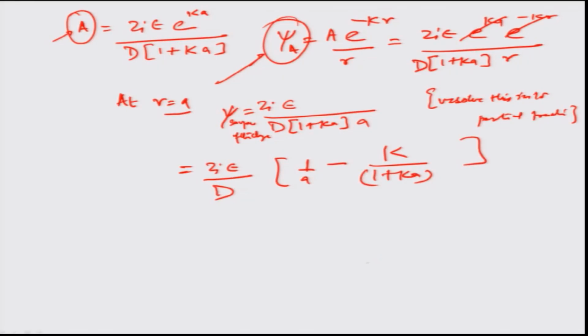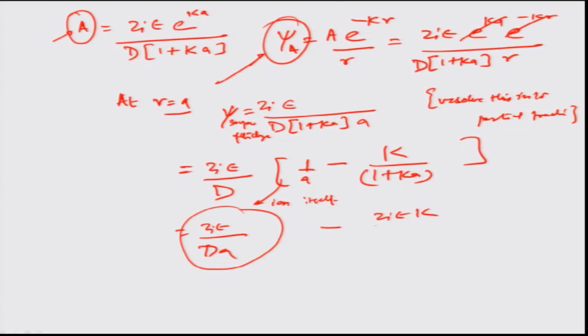Okay. So, obviously, the first term would be due to the ion itself. So, that is the contribution from the ion itself, but what we are interestingly seeing here is that there is also a contribution from the atmosphere back to the ion, which can be represented as Zi epsilon k by d times 1 plus K a.